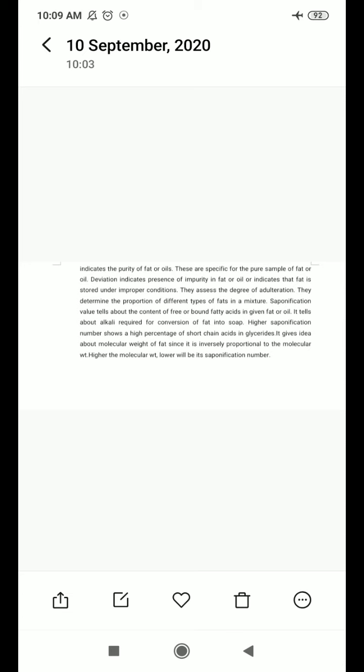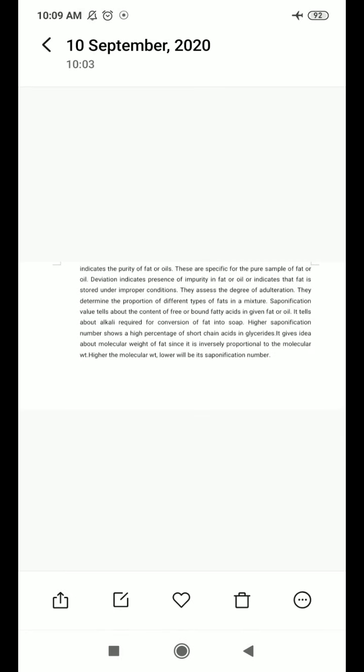Saponification value tells about the content of free or bound fatty acid in a given fat or oil. It tells about the alkali required for conversion of fat into soap. A higher saponification number shows a high percentage of short chain acid in the glyceride. It gives an idea about the molecular weight of fat. These are some applications of saponification value.